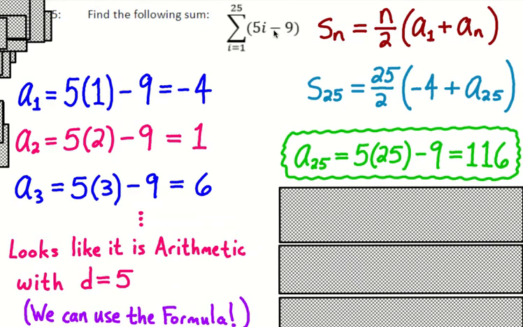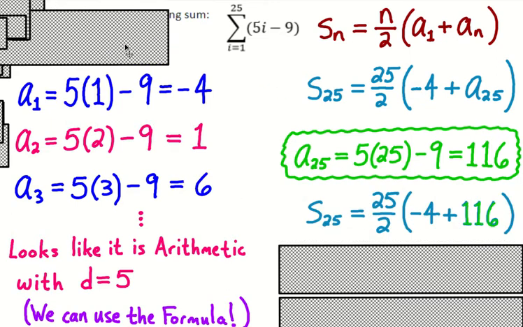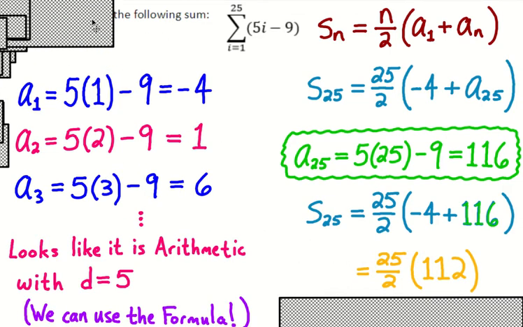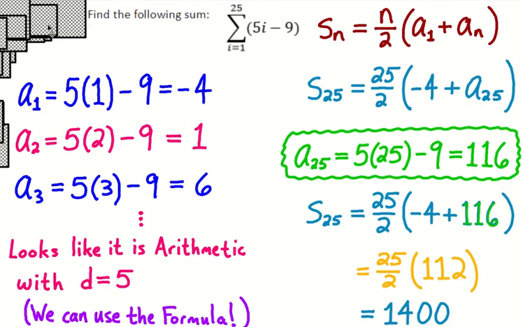And what I get is 116. So now I can plug that in for a sub 25 and just let the formula play itself out and get 1400.